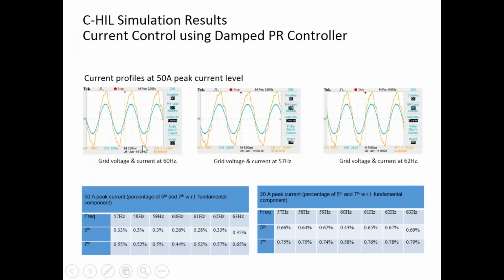So again, different kinds of controllers, and I can actually set up whatever metrics I want in terms of comparing them. So this is just an example where we're looking at the harmonics at different frequencies with different types of controllers.